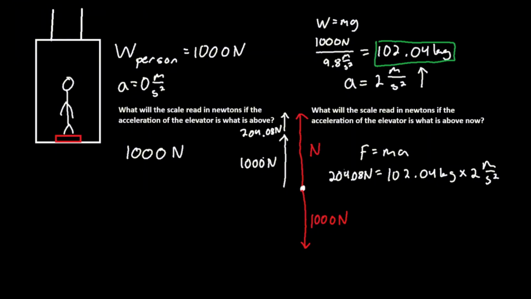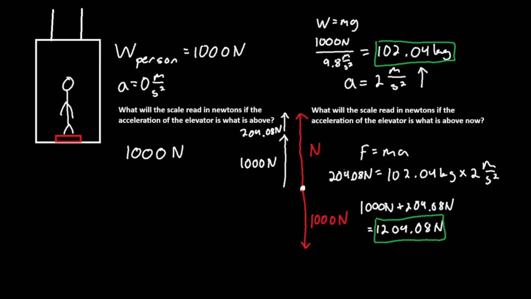If the elevator exerts force on the scale and the scale exerts that force back up on you, then if you add the 1,000 plus 204.08 newtons, you get 1,204.08 newtons. That's what the scale will read if you are accelerating at 2 meters per second squared.